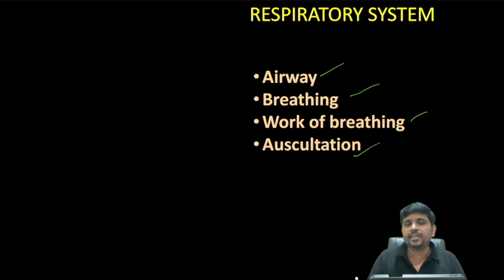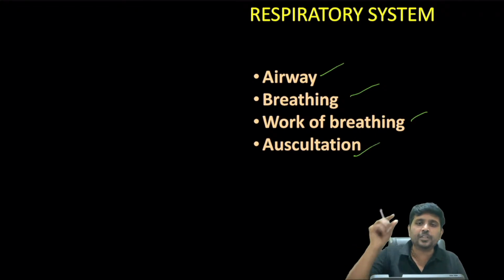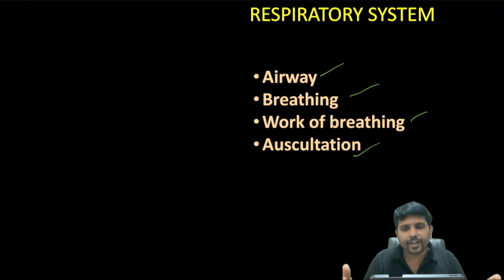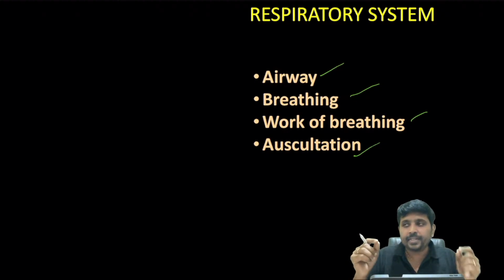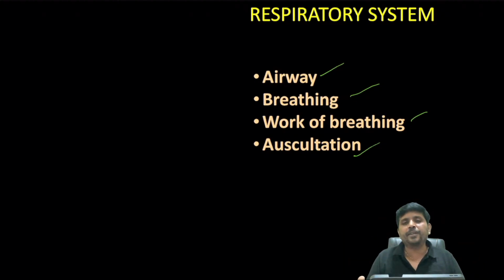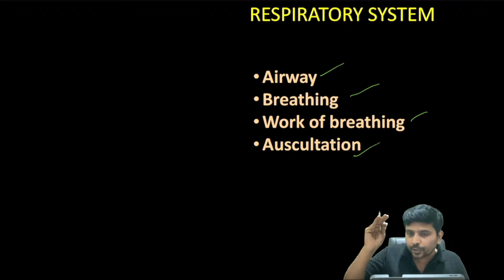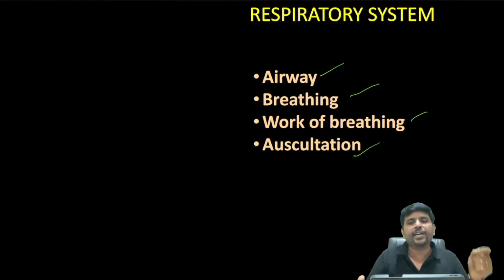It doesn't mean that each and every time you need to keep your stethoscope over the chest to find out whether any crepitations are there or not, wheeze is there or not. By just simply looking at the chest, you can get so many diagnoses. So airway, breathing, work of breathing and auscultation we are going to discuss.